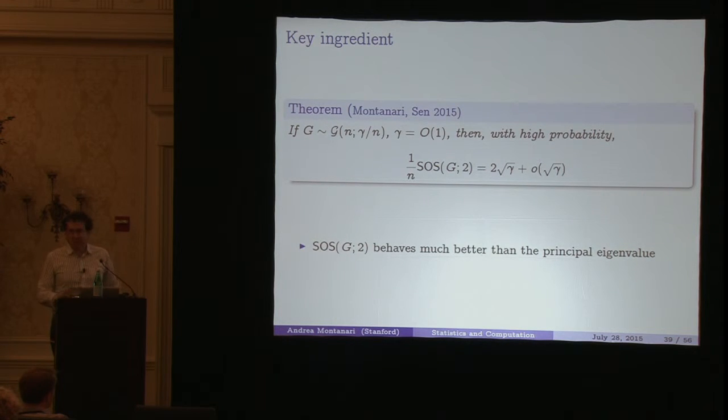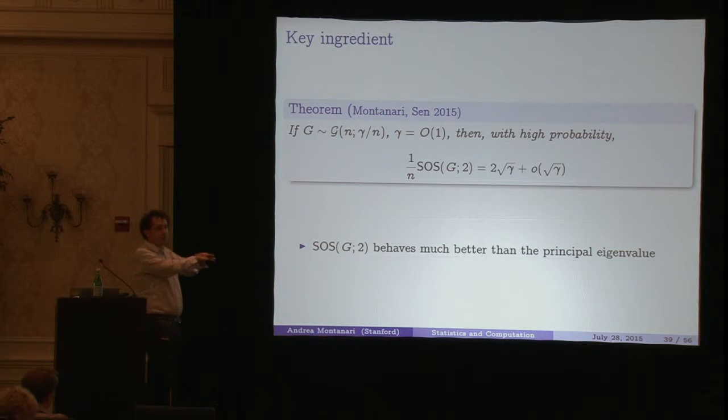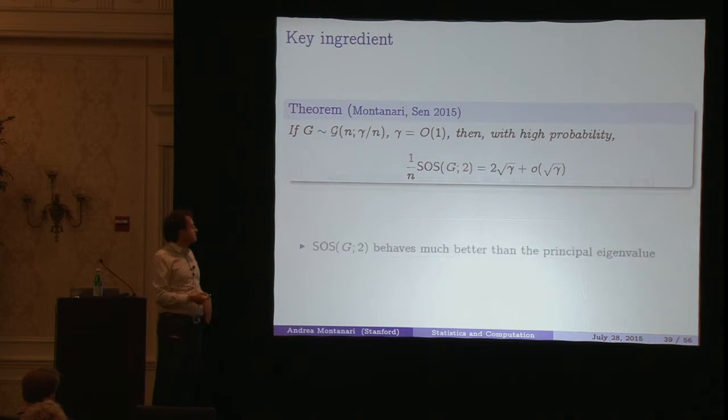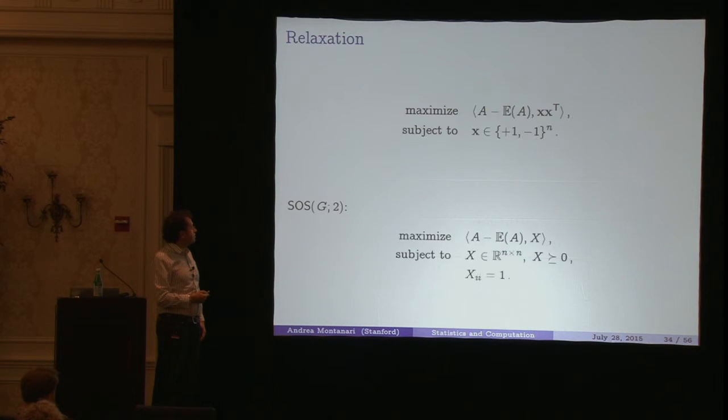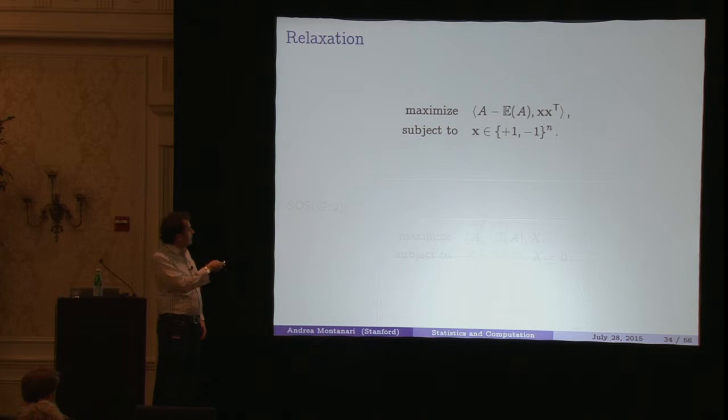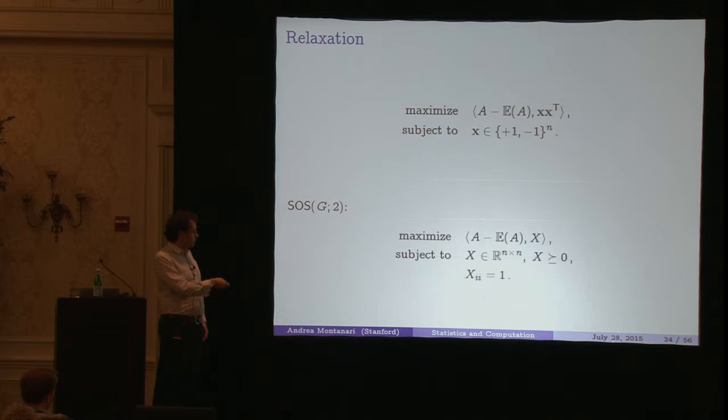Okay, I'll add one thing. If you further relax this problem, and maximize over vectors of norm 1, or equivalently maximize over matrices of trace equal to n, you get a spectral problem whose value is the maximum eigenvalue of the matrix.